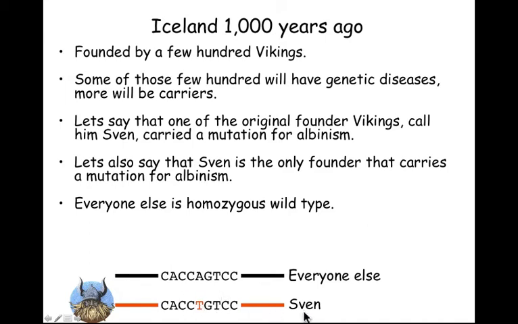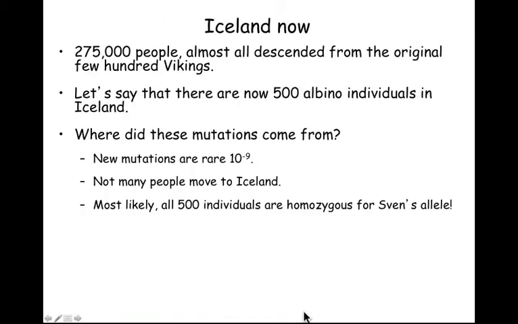So what does this do for us? Well, Iceland now, 1,000 years later, has about 275,000 people, almost all descended from those original few hundred Vikings. Let's say now that there are maybe 500 individuals in Iceland that are albinos. Where did the mutations causing this albinism come from?